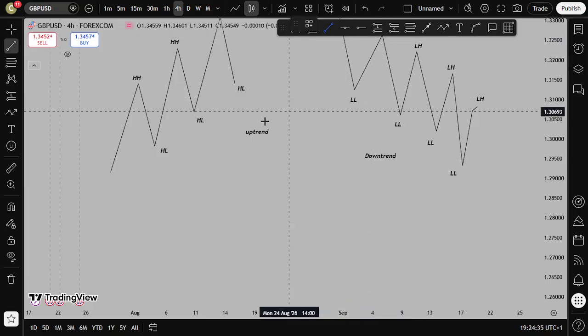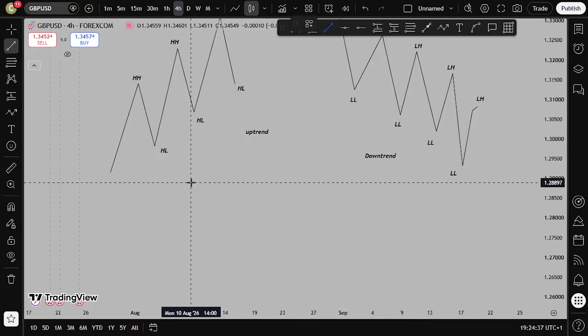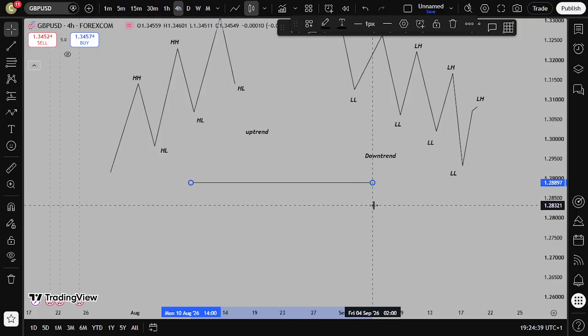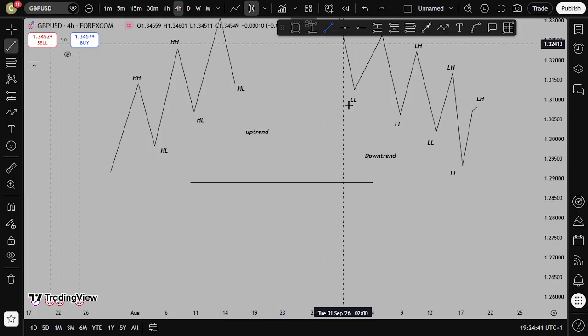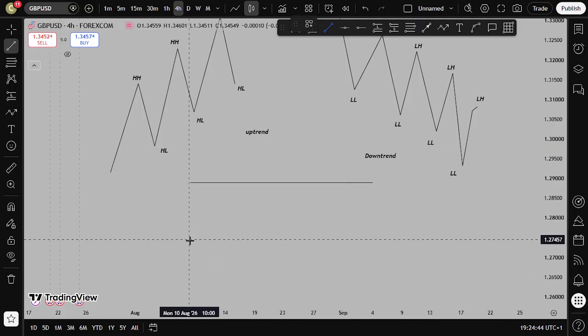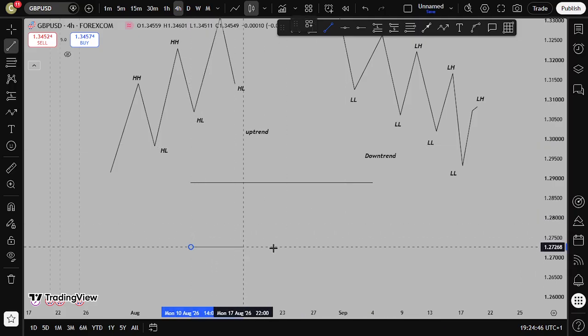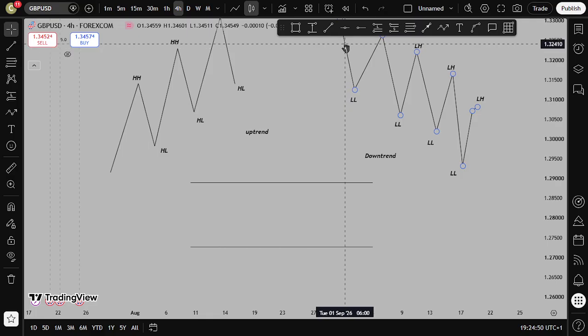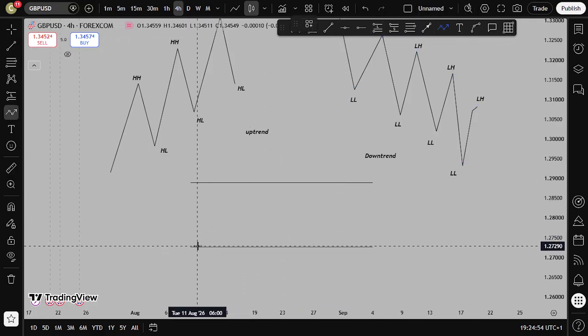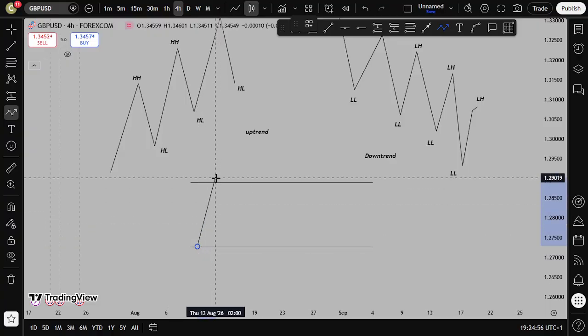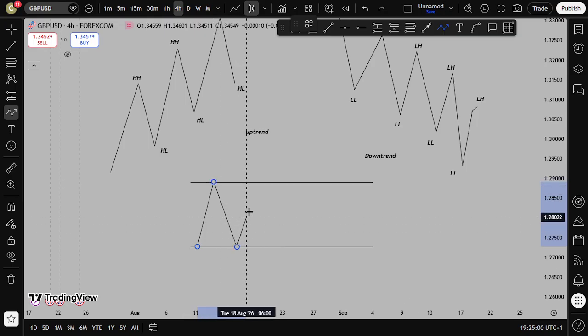Let me give you the scenario, the price action here. We have this where buyers and sellers are of equal strength, so price moves sideways.